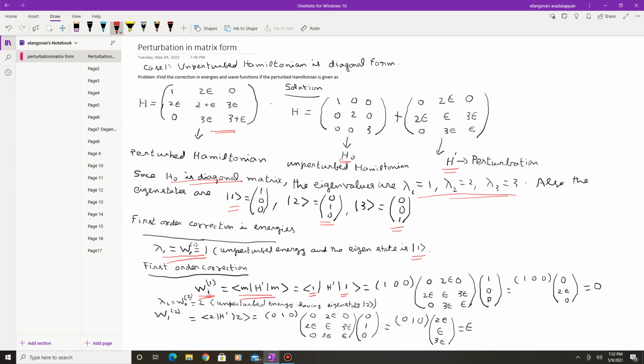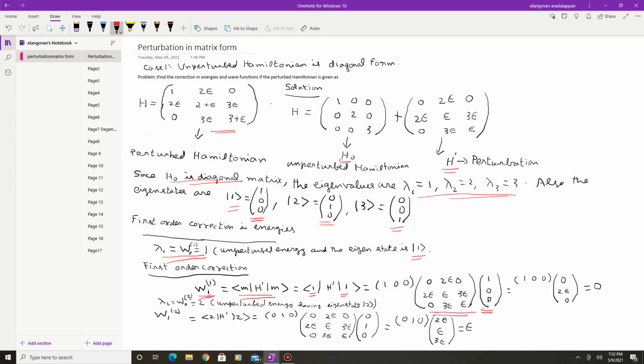Now the state ket 1 is given as 1 0 0. This we have already been given, because there are three basis vectors in this space. So first this is 1 0 0, and you put H prime here.